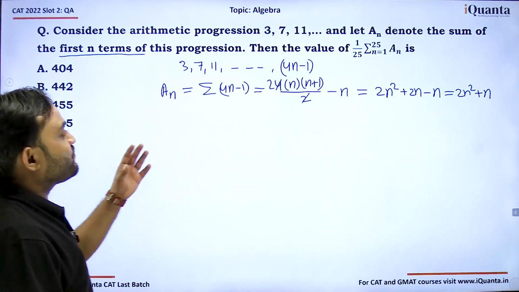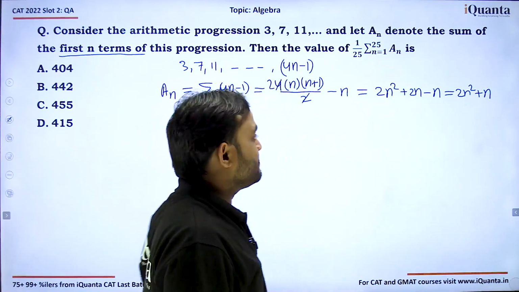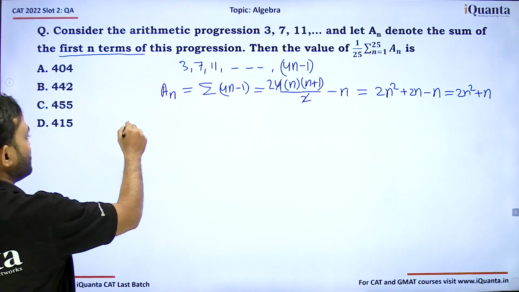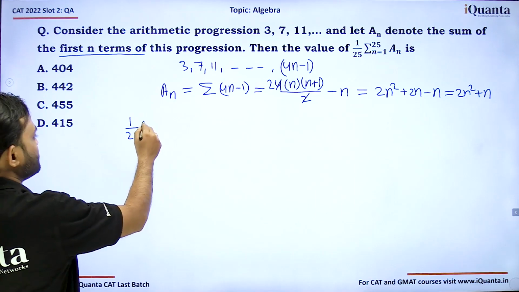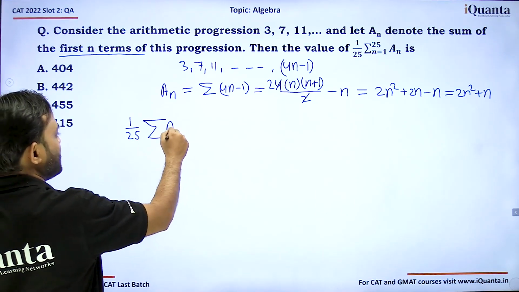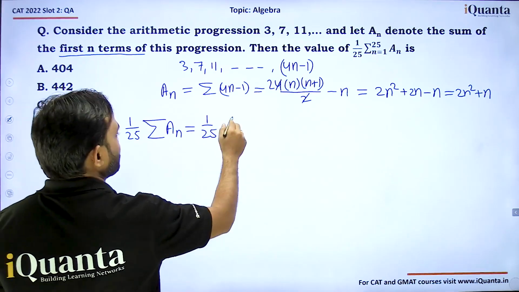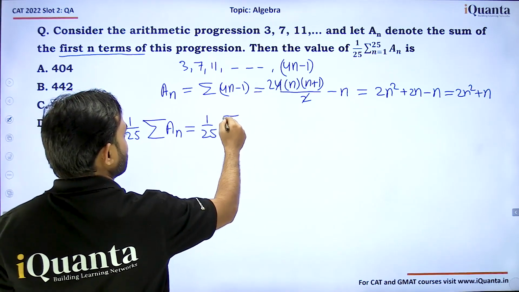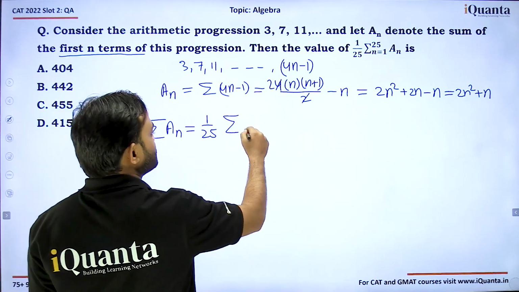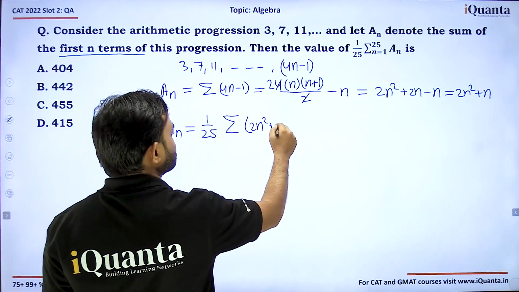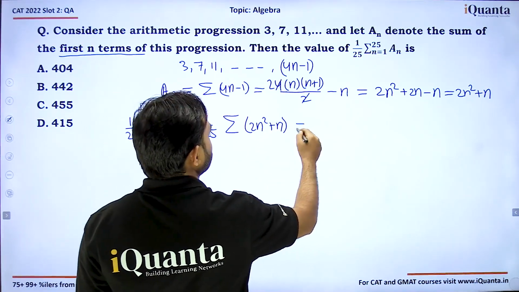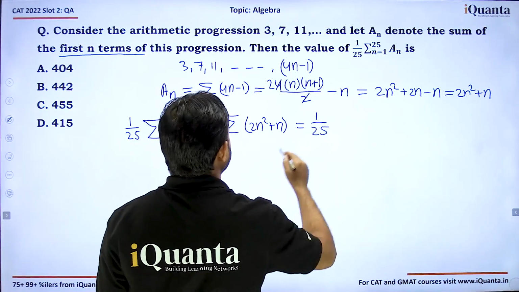Now again we need to find the summation of an. What will be summation of an? So 1 by 25 of summation of an will be equal to 1 by 25 summation of 2n square plus n, which will be equal to 1 by 25 times.